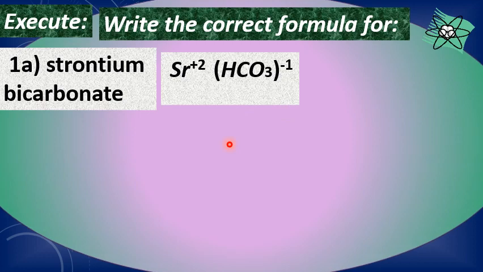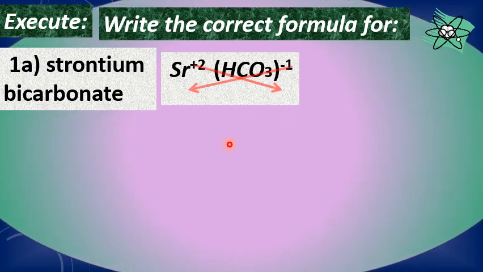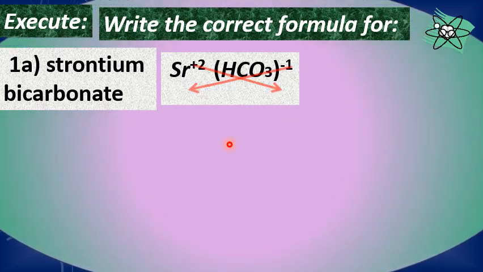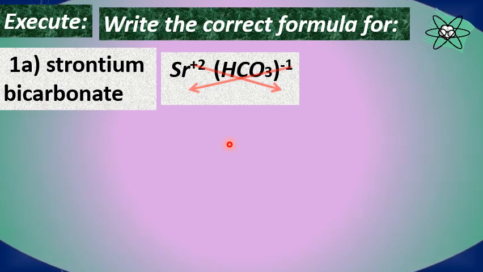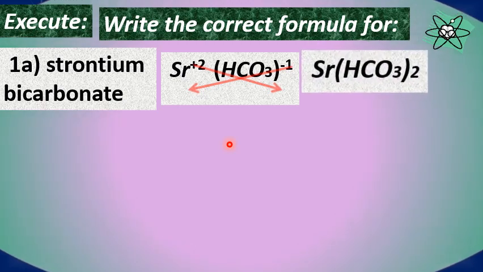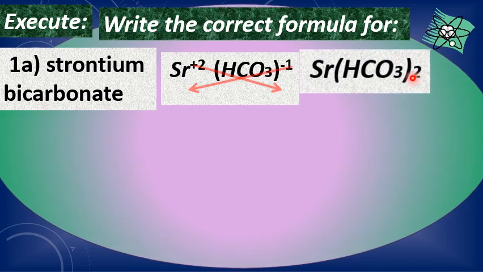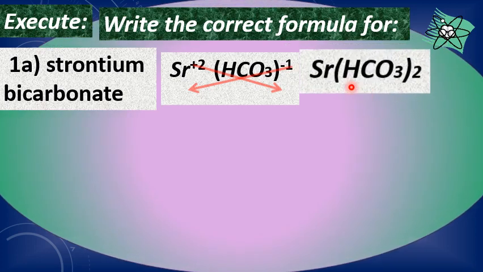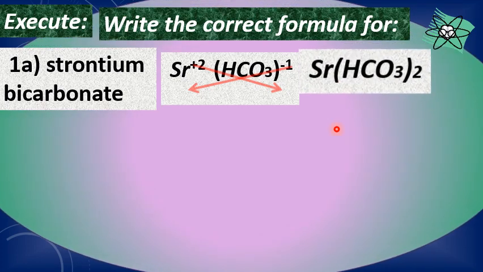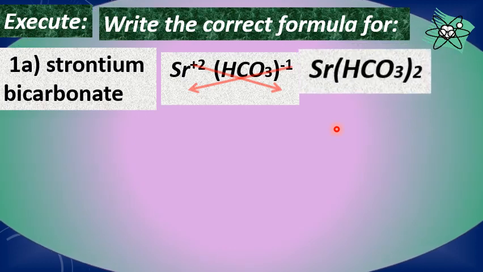So when you do the crisscross, we will produce this compound written as Sr(HCO3)2. So that is the correct formula for strontium bicarbonate.